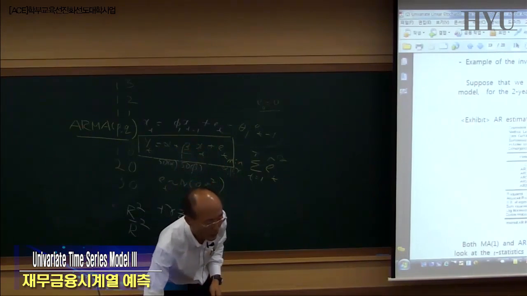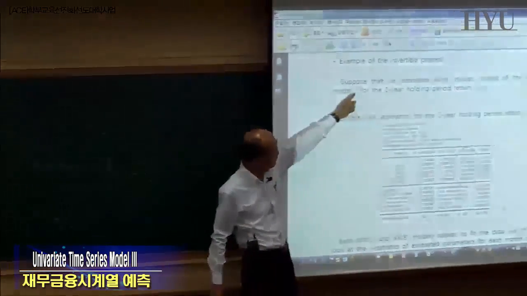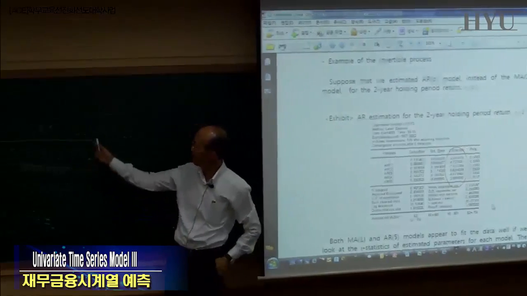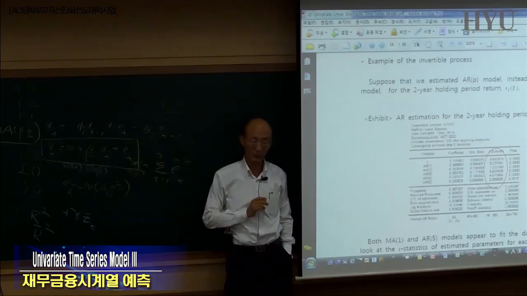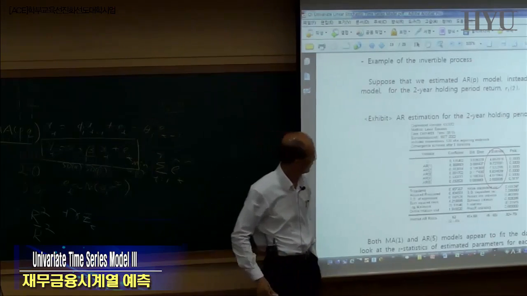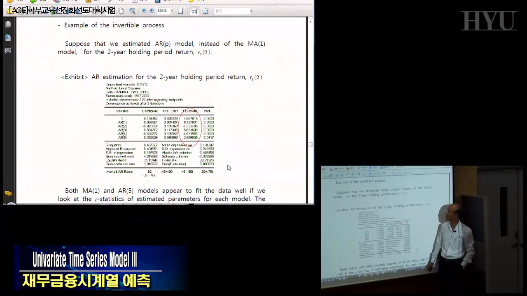So before we get to that part, let's take a look at the example one more time. Here, invertible process. And by invertible process, what I meant was the absolute value of this one is less than 1, right? If it is invertible, previously we know that for this 2P return, theta 1 estimate was like 0.97 or something, very close to being 1.